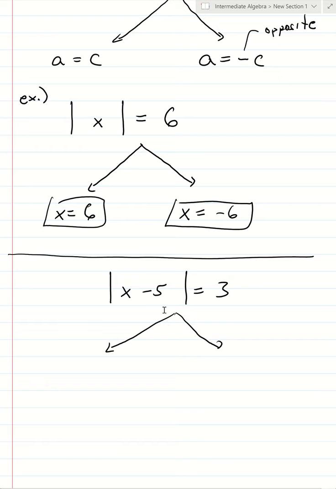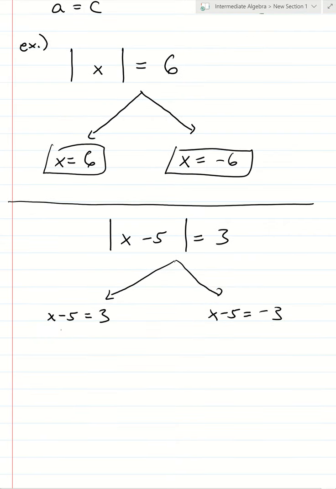The first one, simply write x minus 5 equals the constant 3. The second relationship, we take the x minus 5, and we're going to set it equal to the opposite of 3, negative 3. So now we have to solve these two linear equations for x.